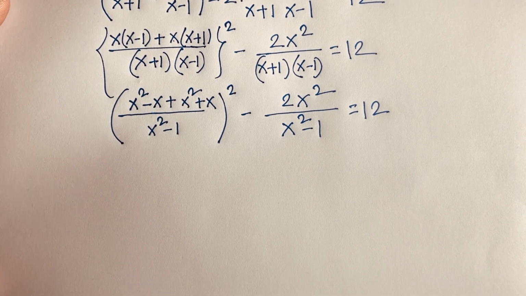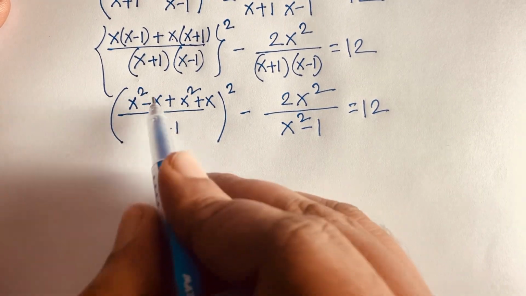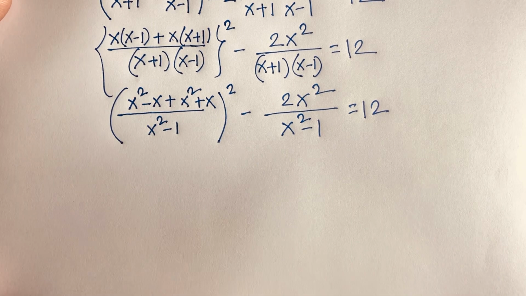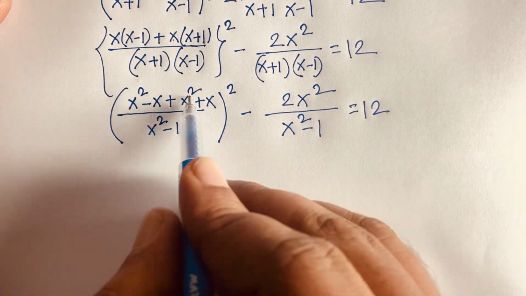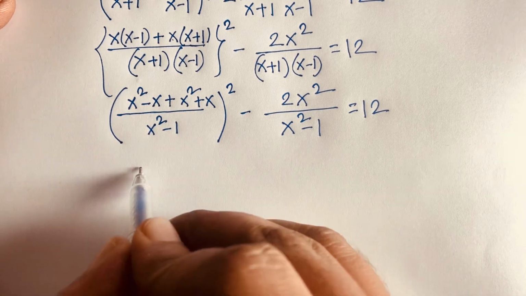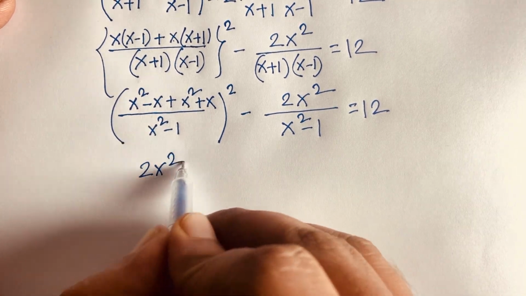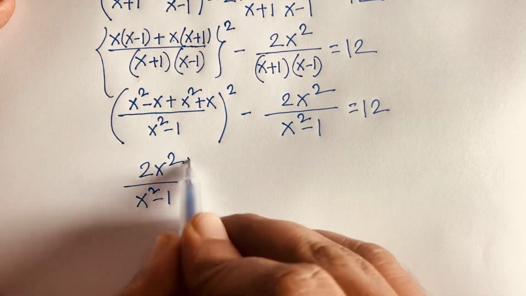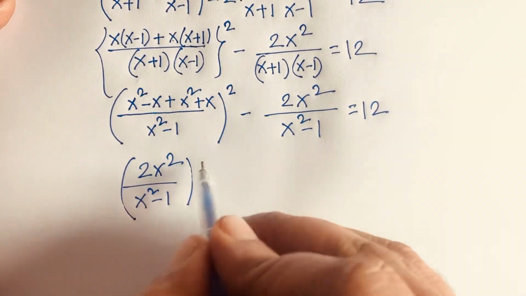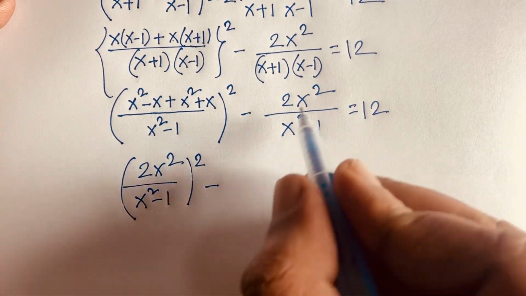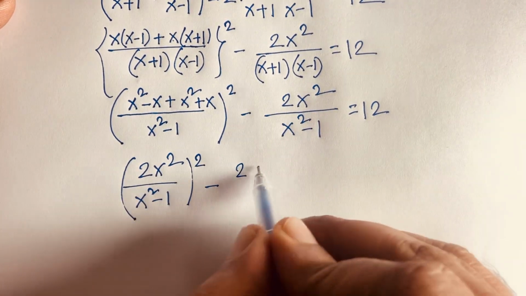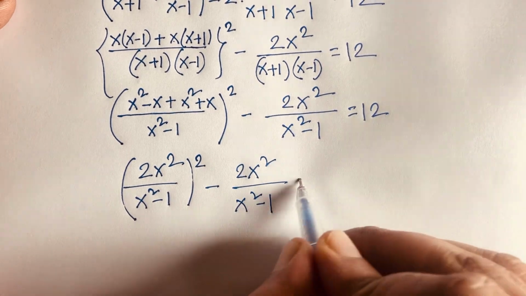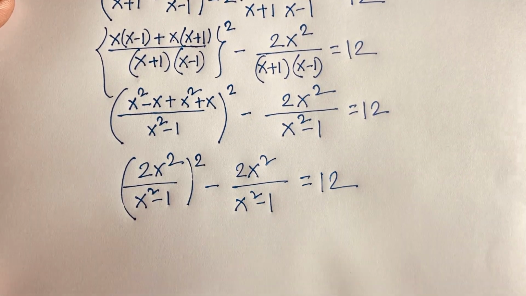Then this equation becomes, this x is cancelled, and x² plus x² is 2x², over x² − 1, all squared, minus 2x² over x² − 1, is equal to 12.